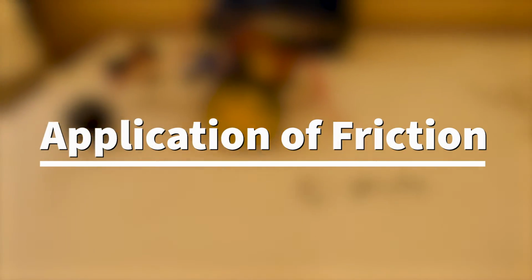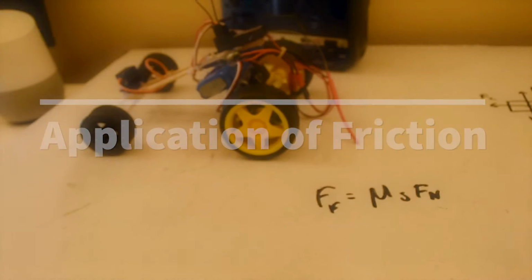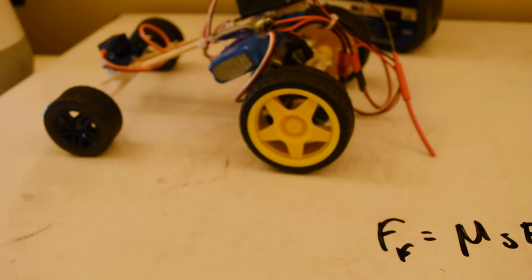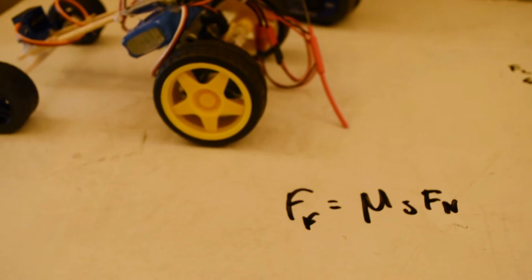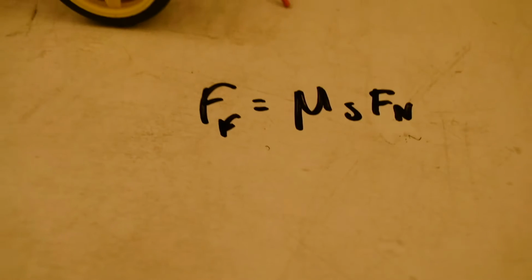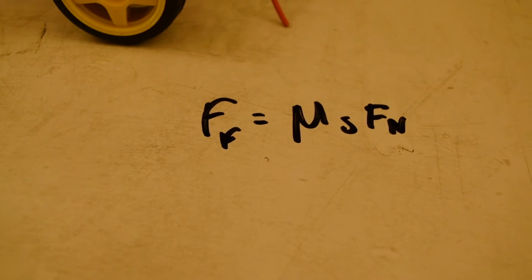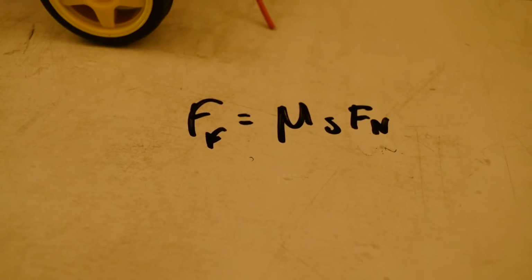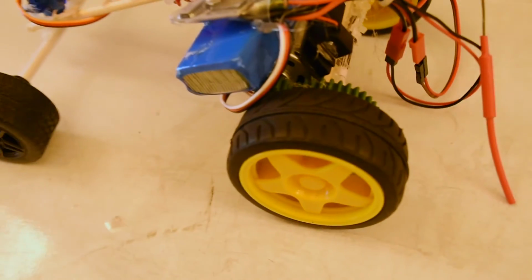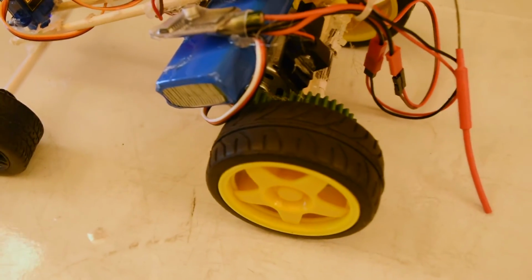Speaking of friction, let's talk about how I used friction in the wheels specifically to make sure that this car does not go out of control when it's taking fast turns. Friction is equal to the coefficient of friction times the normal force. As you can see, the back wheels and the front wheels both have rubber threadings, and rubber has a high coefficient of friction.